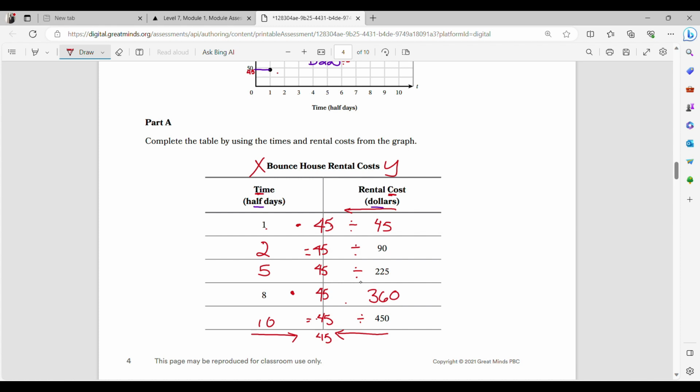So we always start off with Y equals, or in this case it's going to be C equals. C equals X, well, T this time, whatever T is, times 45. So that means C equals, denoted correctly, 45T.